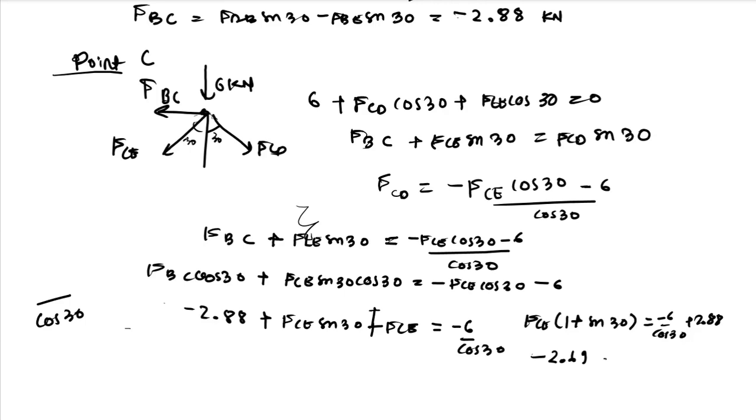You can put this FCE value into this equation and you will get the value of, let us say, FCD, which will be 2.69 into cos 30 minus 6 divided by cos 30. You will get minus 4.2 kilonewton. So you got FCD and FCE.